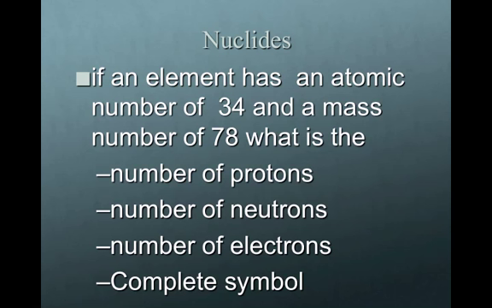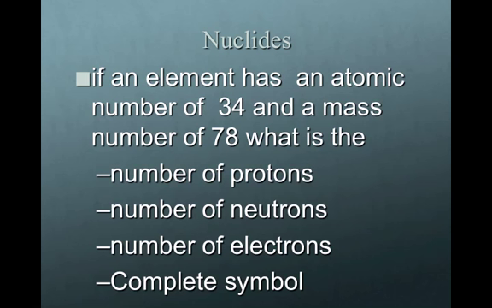Now we can start to determine things from a problem like you might see on an exam. It says if an element has an atomic number of 34 and a mass number of 78, what is the number of protons, number of neutrons, number of electrons, and the complete symbol? I'll let you do this on your own, but the atomic number equals the number of protons, which is 34.